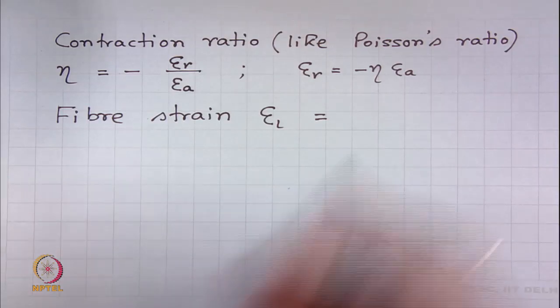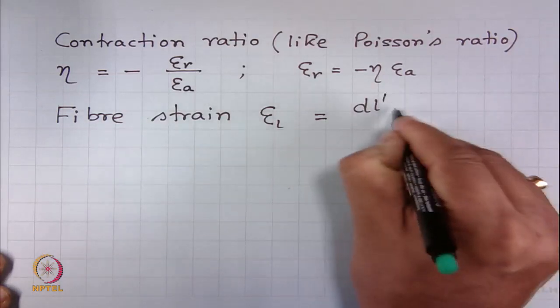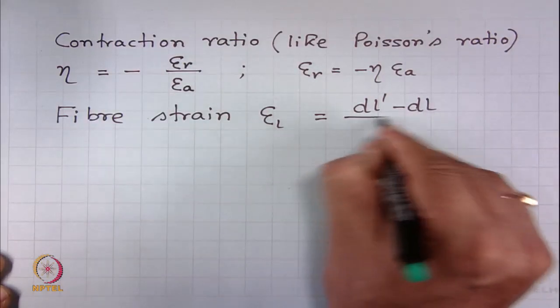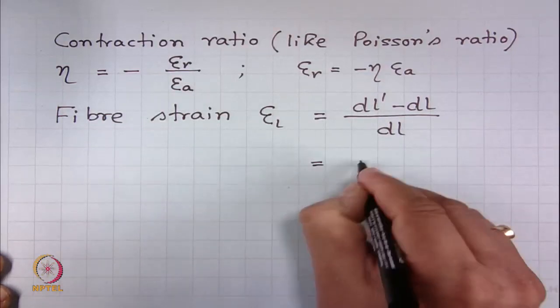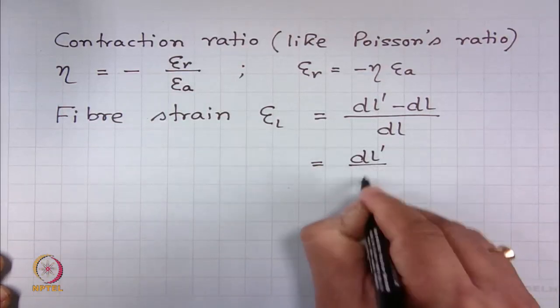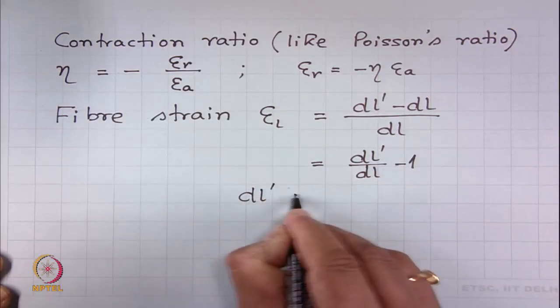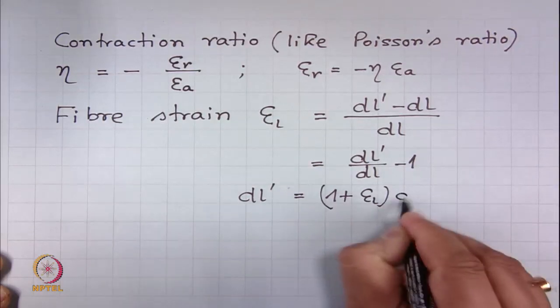What is the change in fiber length? dl prime minus dl is the change in fiber length, divided by original length. So, dl prime divided by dl minus 1. So, dl prime is 1 plus epsilon L into dl.